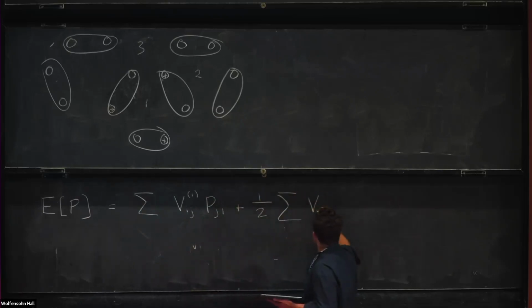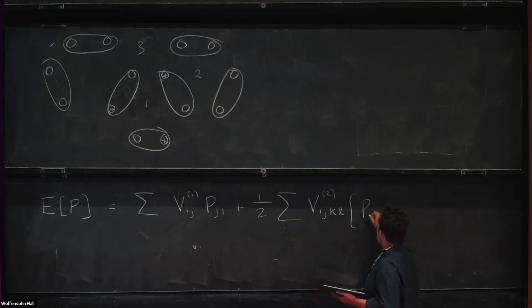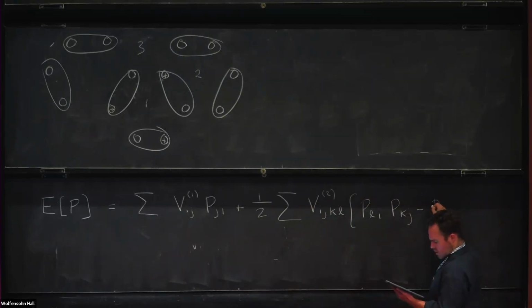I had this general V_ijkl. And then I write in this P_li P_kj minus P_lj P_ki.